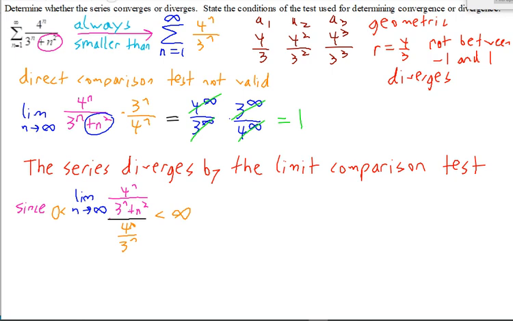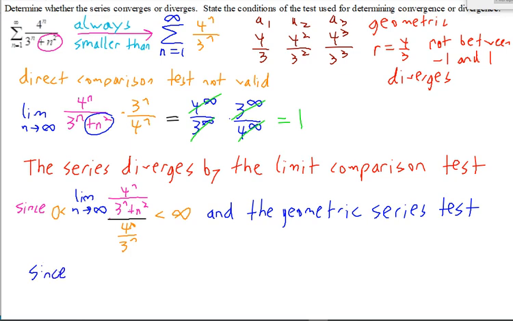And we also have to reference the geometric series test, because we used that on the one we compared it to. So we can say, and the geometric series test. Since here, when you're using the geometric series test, tell what you got for r. r equals 4/3, which is not between -1 and 1.